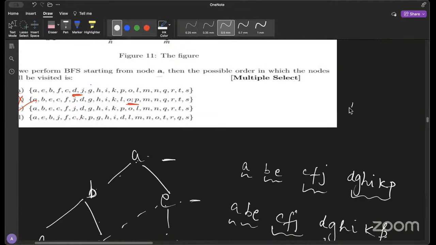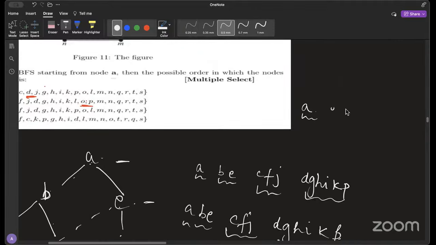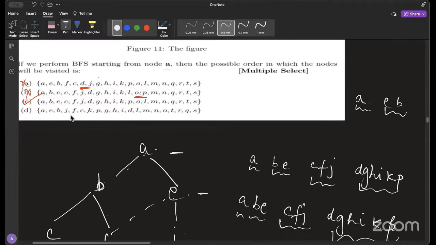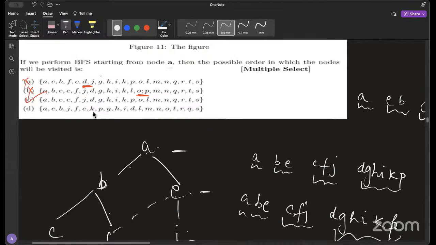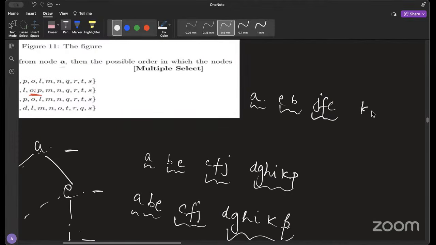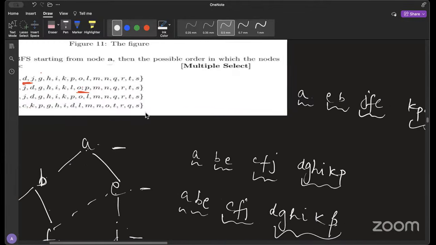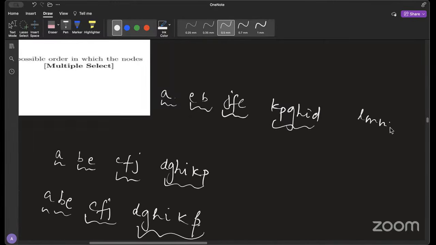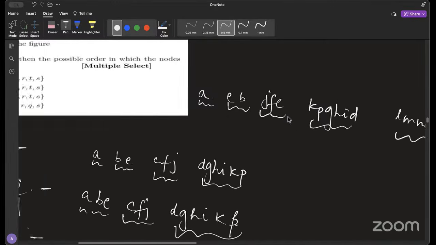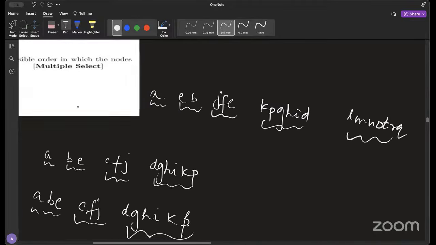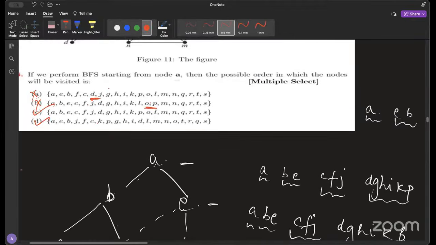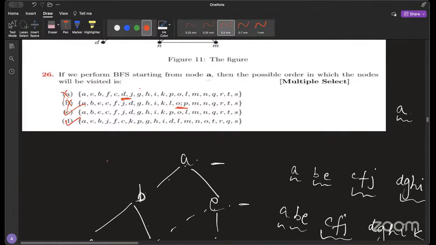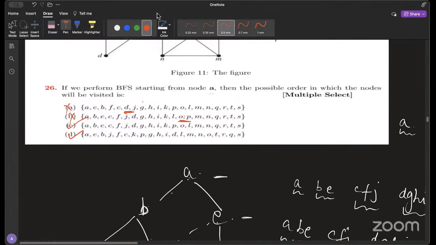So it is A on the first level, then E, B on the next one, then J, F, C on the next level, then K, P, G, H, I, D on the next level, then L, M, N, O, T, R, Q on the next level, and then S on the last level. Because this pattern is following here, that means this option is also correct. D is also correct. Is this one clear to all? Can we move to the next question?